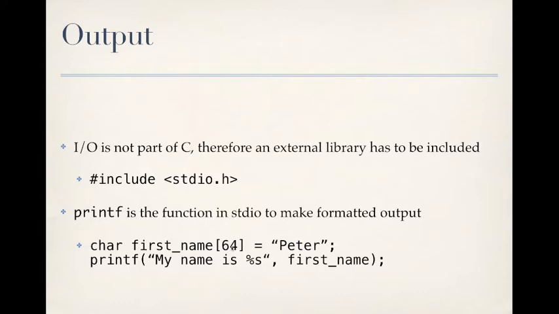I'll explain later on why. This should be fine with Peter, because this is just 5, so there is enough space left. So we do it: first name is an array of characters of length 64 and has an initial value, which is the string constant Peter.